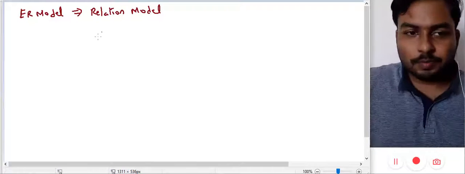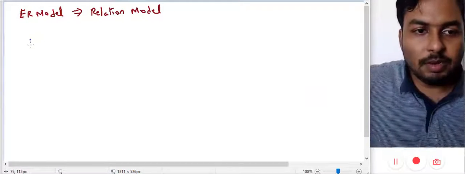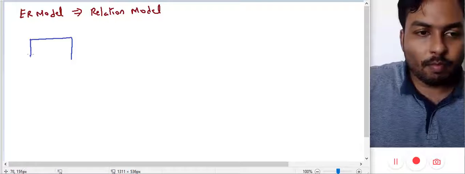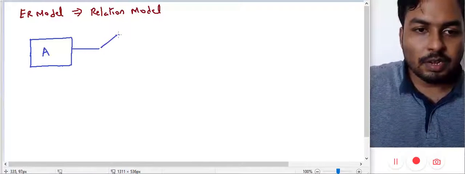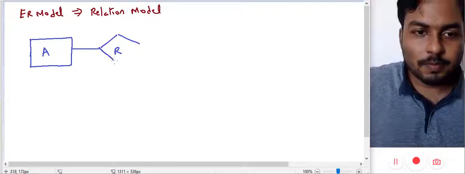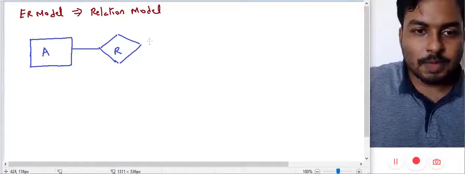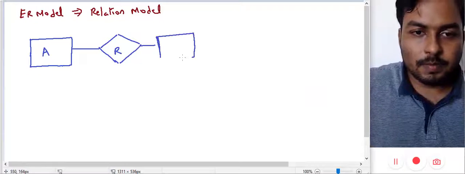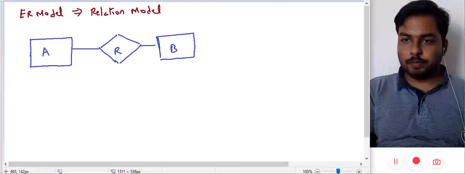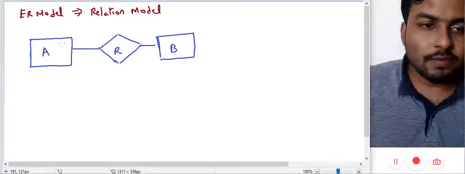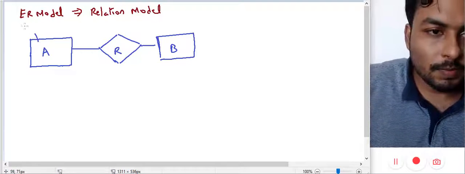The first part, you have a table. You have an ER model like this. You have an entity A, you have a relation here, R, and you have another entity B. A, R, B. Then you have attribute A1.